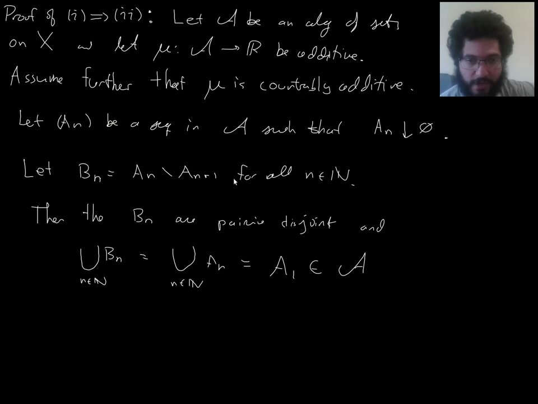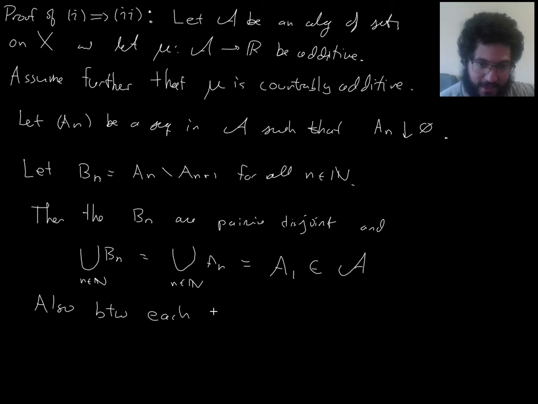All right, and now finally I can apply countable additivity of mu, except I just realized I also need to know that the bn's themselves are in fancy A, right? So also, by the way, each bn is in fancy A. I need that because I'm going to apply the mu to the bn's.